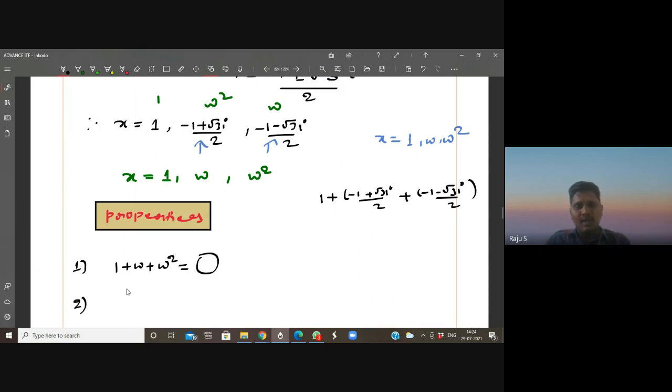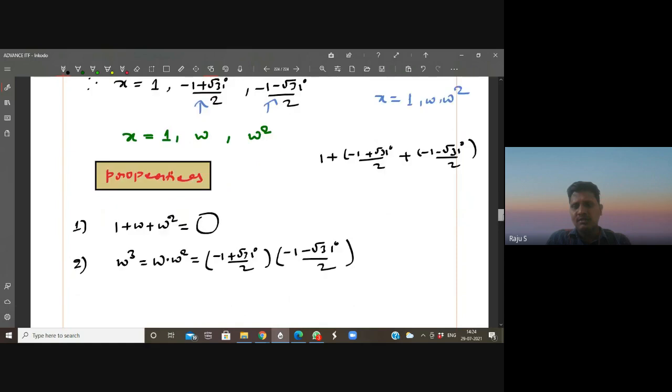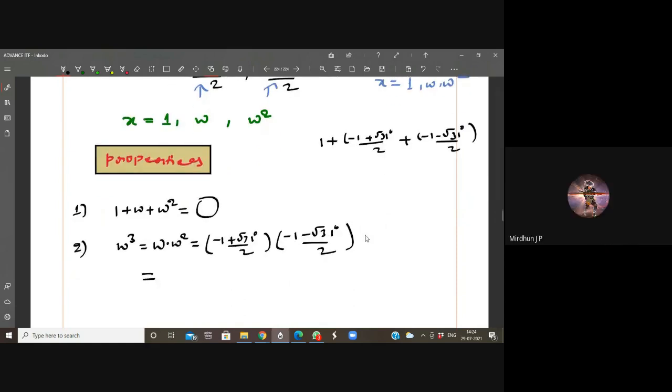And the second one is, what is omega cube? Omega cube is nothing but omega into omega square. What is omega? Minus 1 plus root 3 iota by 2, into minus 1 minus root 3 iota by 2. Shall I write like this? Yes, we can write. So whatever this value is, a square minus b square will come.